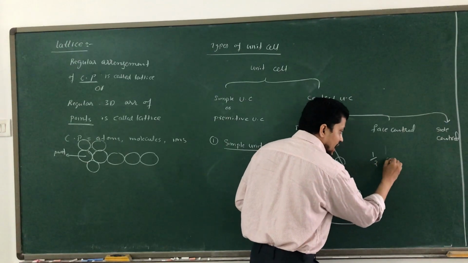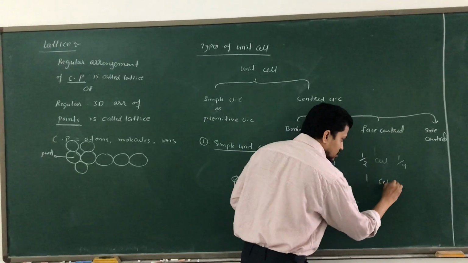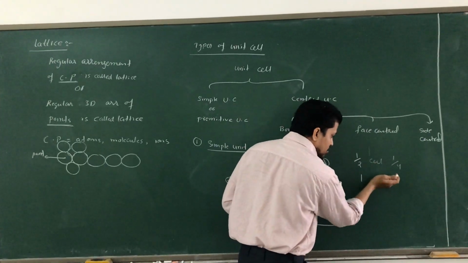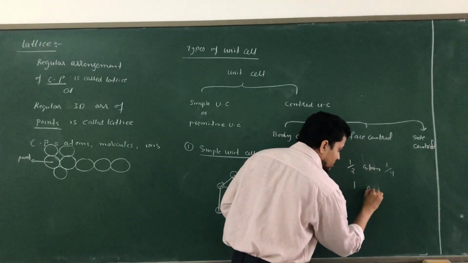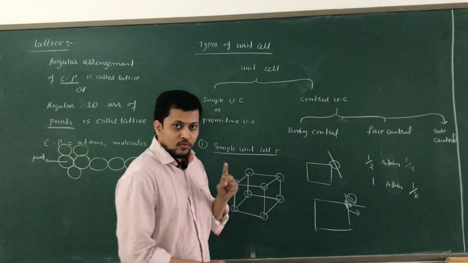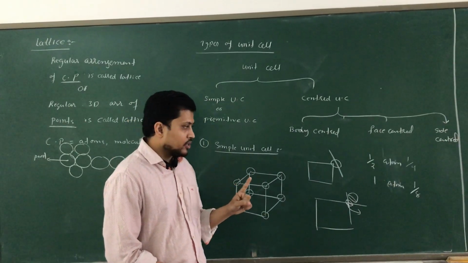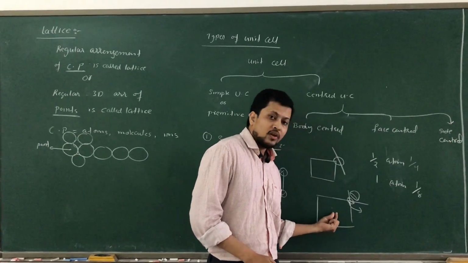For half atom we have 1/4. Then for one atom we have 1/8. That means one atom contributed 1/8 of its part for this particular cell.